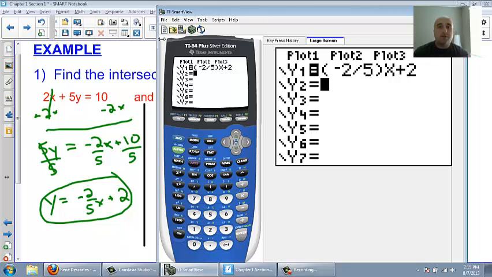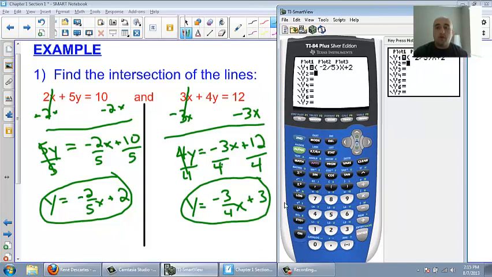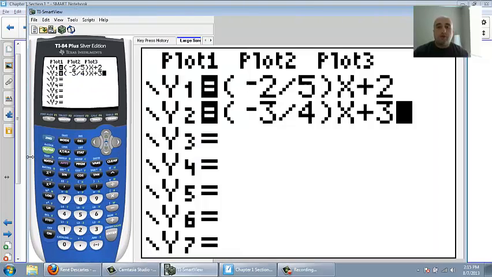Next we're going to plug in the second equation, which is negative 3/4, so parentheses, negative 3 divided by 4, close your parentheses, x plus 3. What you notice is we have all of our equations in our graphing calculator's y equals screen. The next step is to hit graph.